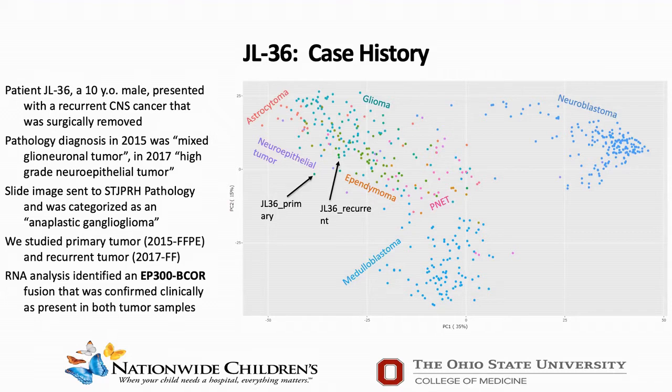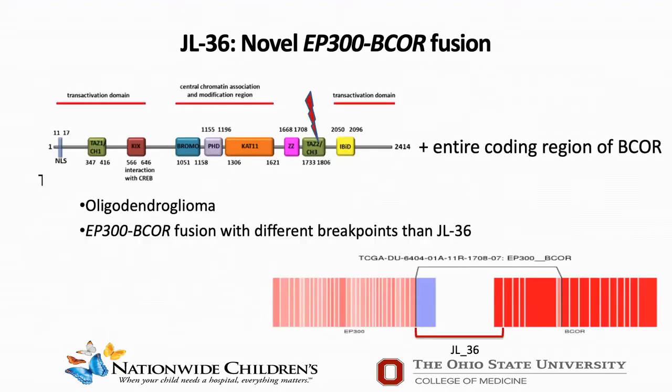And as I mentioned, we studied both the primary and recurrent tumor. The major finding in this patient was an EP300 BCOR fusion. We confirmed this clinically after we identified it with that ensemble fusion detection approach that I mentioned earlier. And we proved it was present in both tumor samples. So this is an original driver event in this patient's cancer.